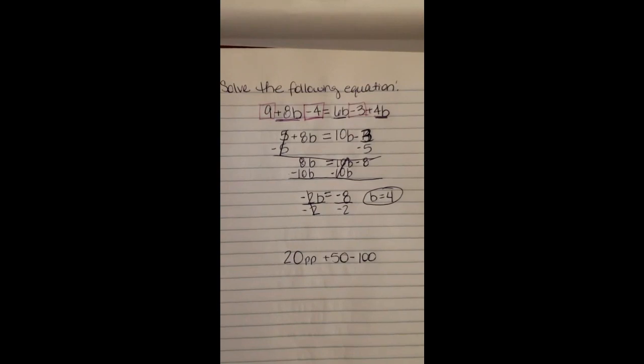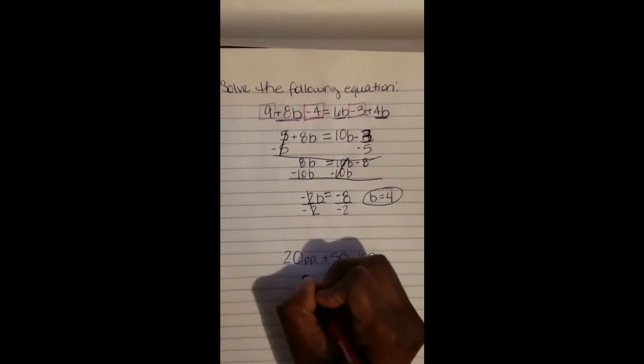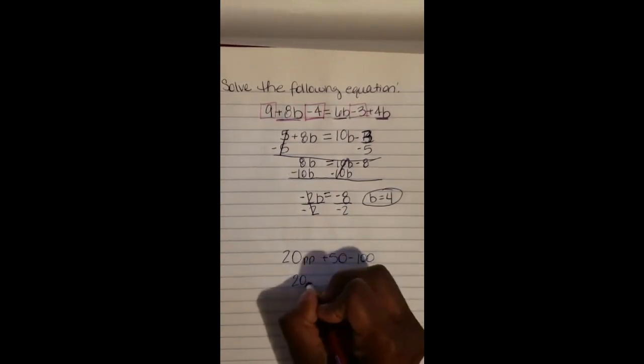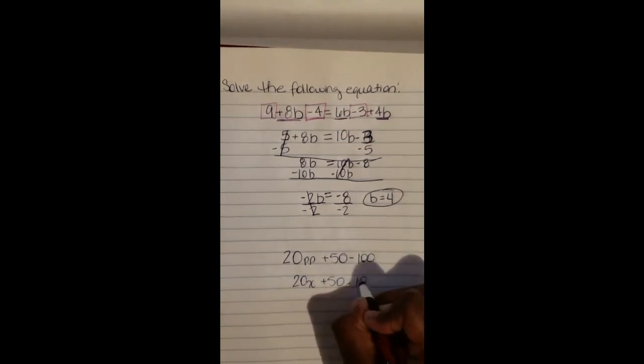When we don't know the number of people, we can simply use an x. So we'll substitute the per person with an x: 20x plus 50 minus 100.